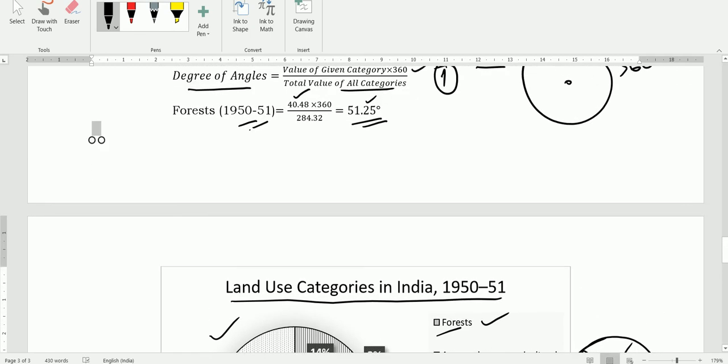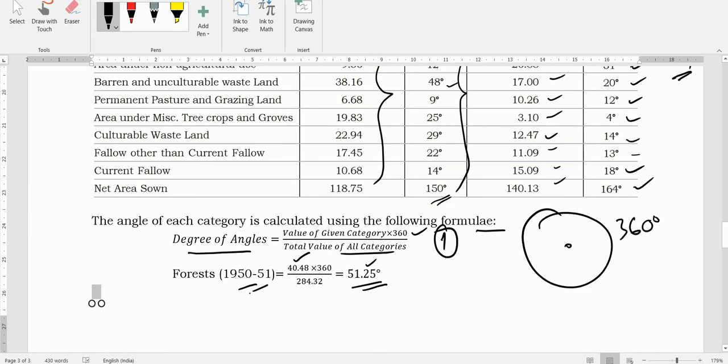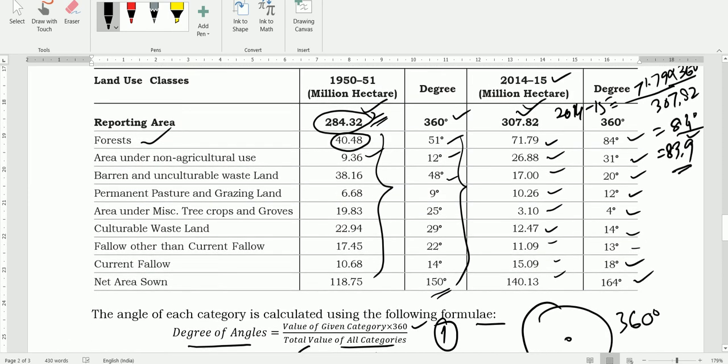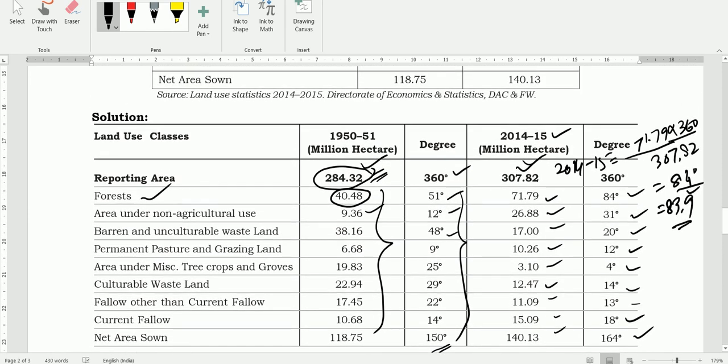So applying the formula, say for example, what is the formula? 71.79 multiplied by 100 divided by 307.82.